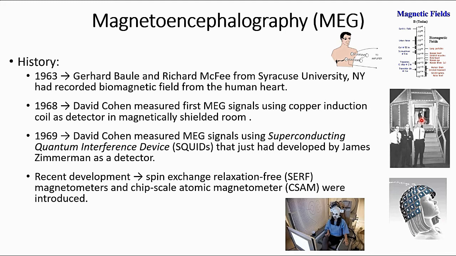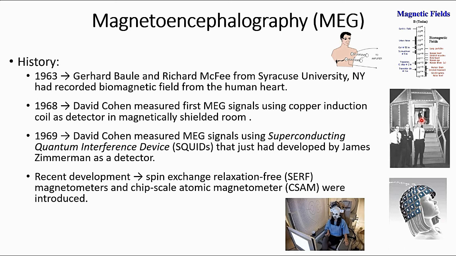Later, in 1969, David Cohen measured MEG signals using the superconducting quantum interference device, or SQUID, which had just been developed by James Zimmerman, as a detector. The recorded signals were clearer than before and almost as clear as those of EEG.